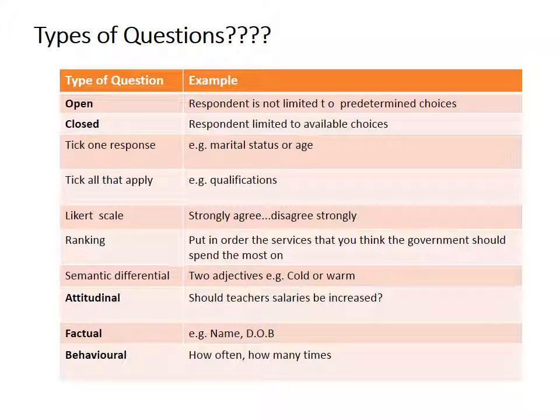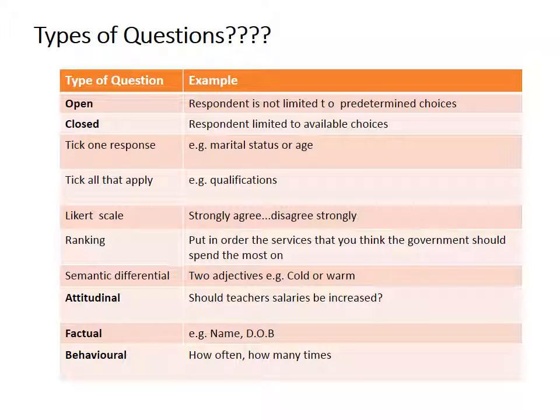We can have rankings, put these in order that you think are most important, and we can have differential questions. We can have attitudinal questions, where we're looking for an individual's view on a particular topic.